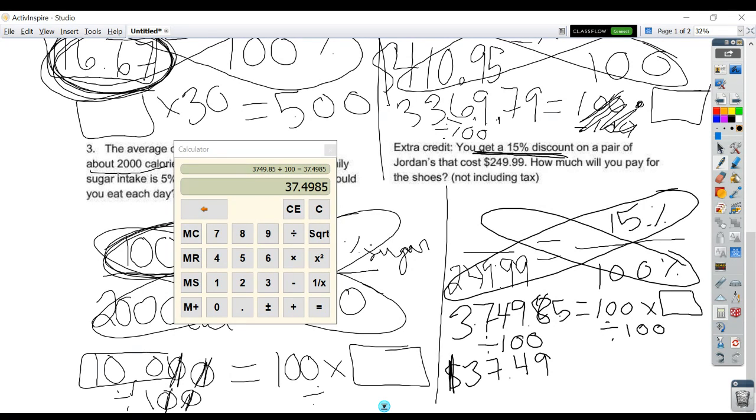So let's go ahead and do that. If I'm subtracting this, I need to take $249.99, and I'm subtracting $37.49.